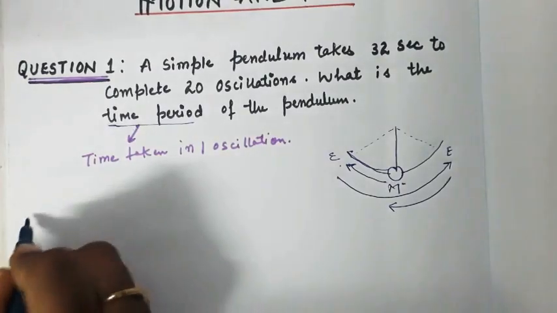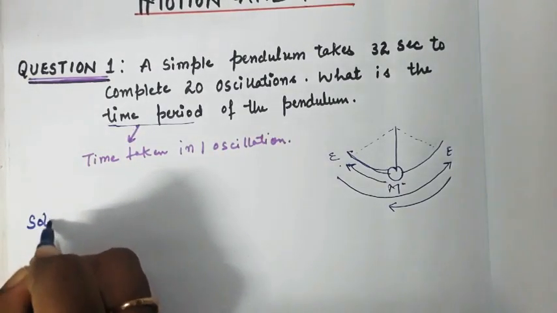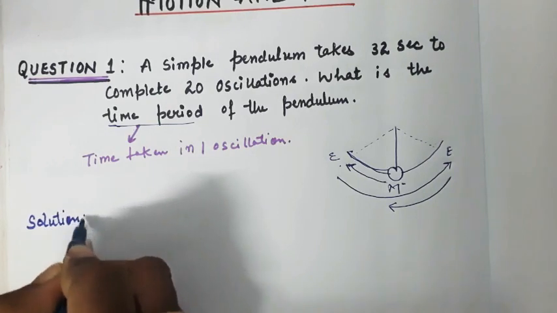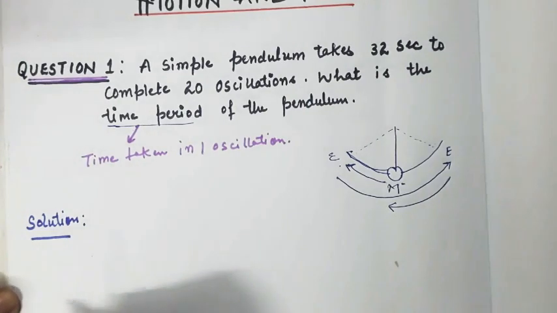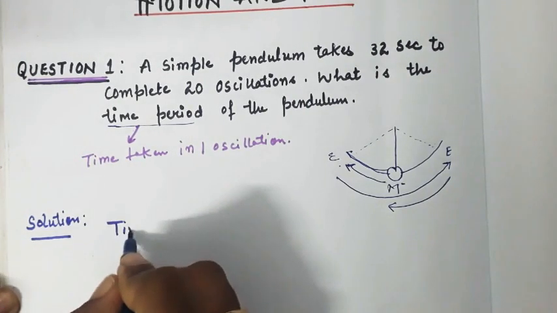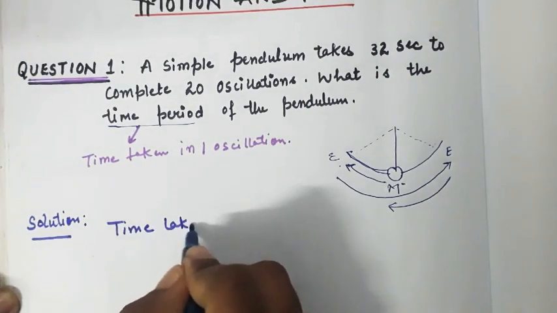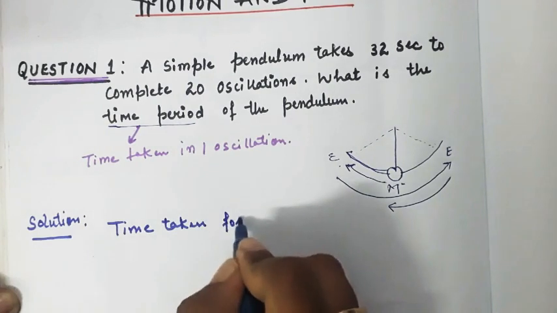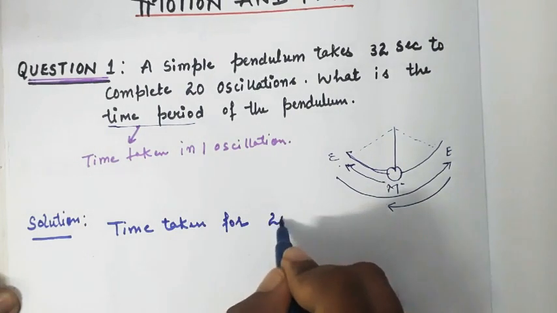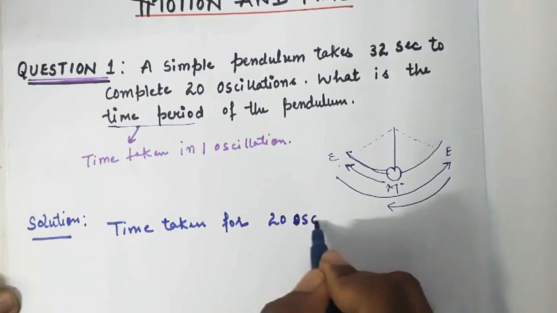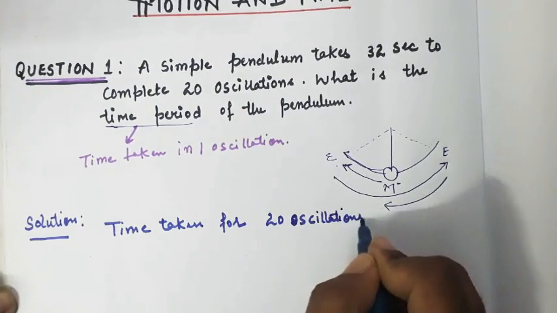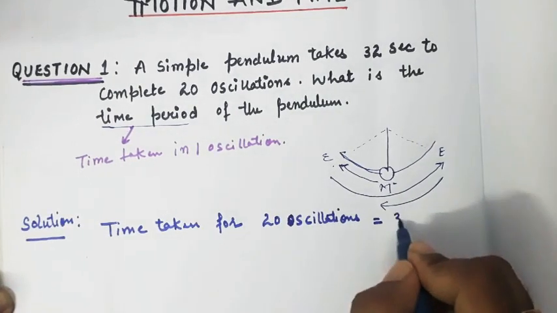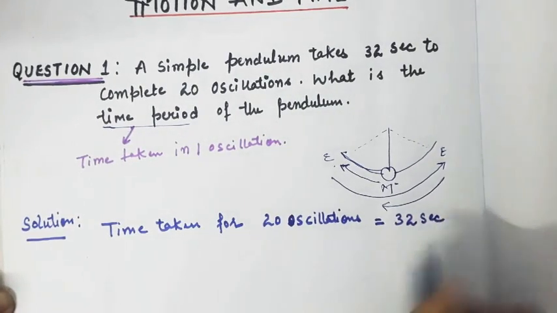So here we go for the solution. See, first of all, time taken for 20 oscillations is equal to 32 seconds, right?